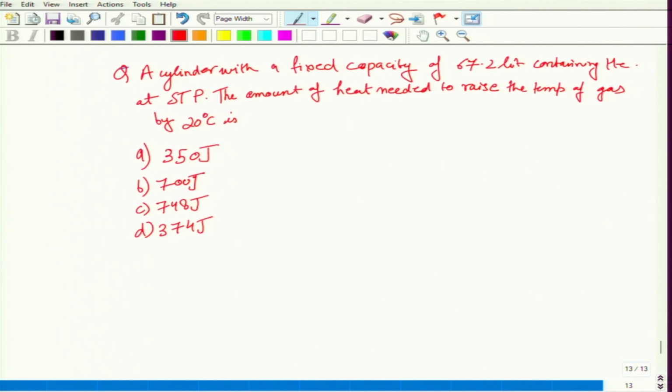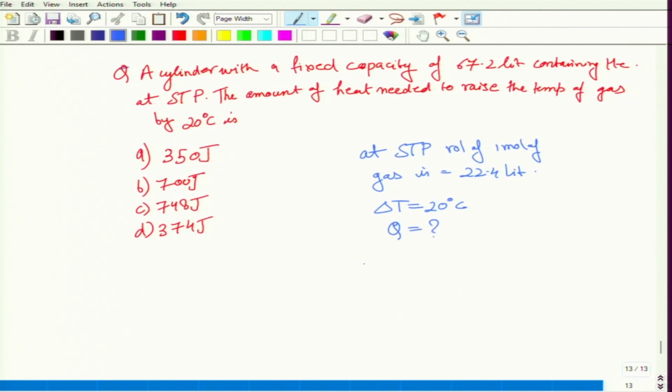So the solution to this is, at STP, the volume of 1 mole of gas is 22.4 liter. Delta T is 20 degrees centigrade and we need to find Q. The gas given is helium, and we know that helium is a monoatomic gas.